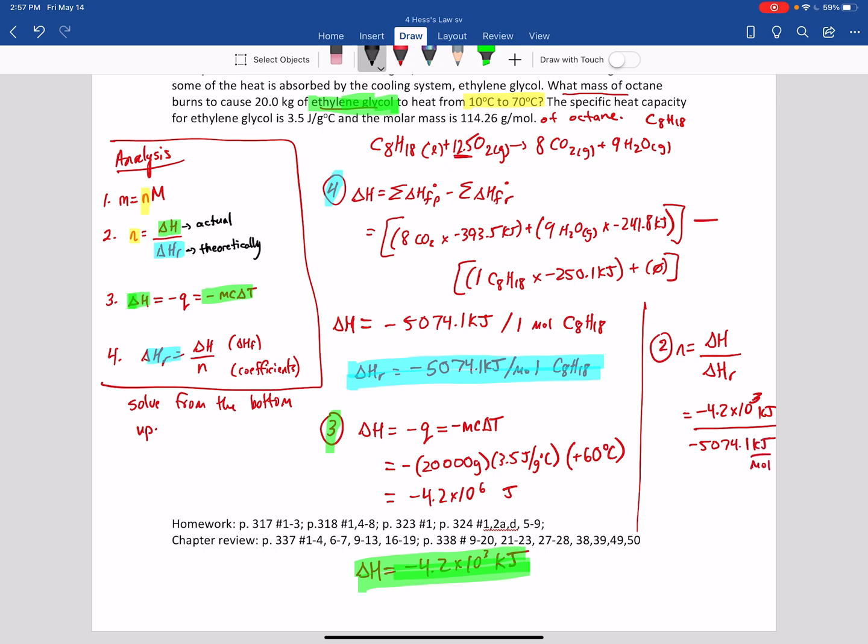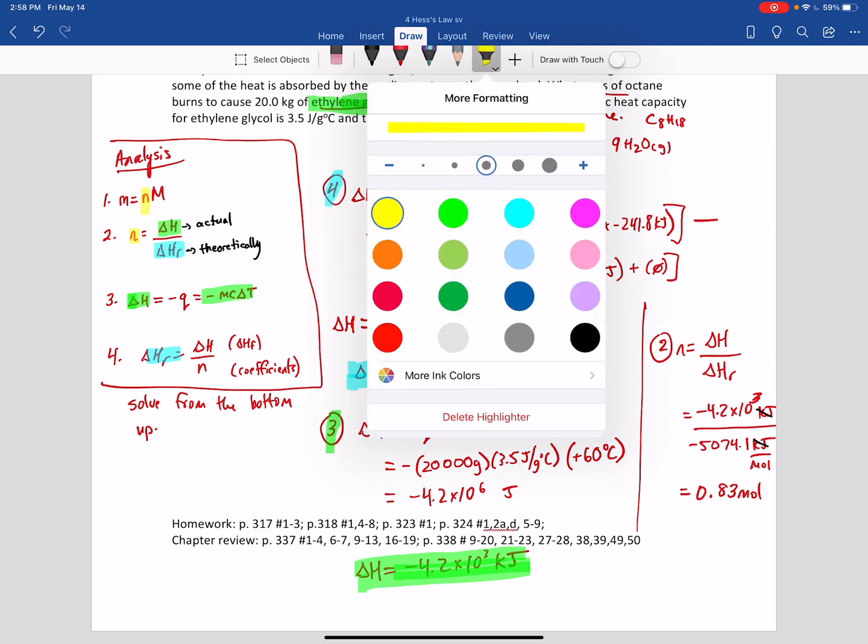So our kilojoules unit cancels out, and we're left with mole. Right, and we punch that in. The negative signs cancel out, which is good, because we can't have negative moles. 4.2 E to the power of 3 divided by 5,074.1, 0.83 moles. Okay, so there's our yellow variable there.